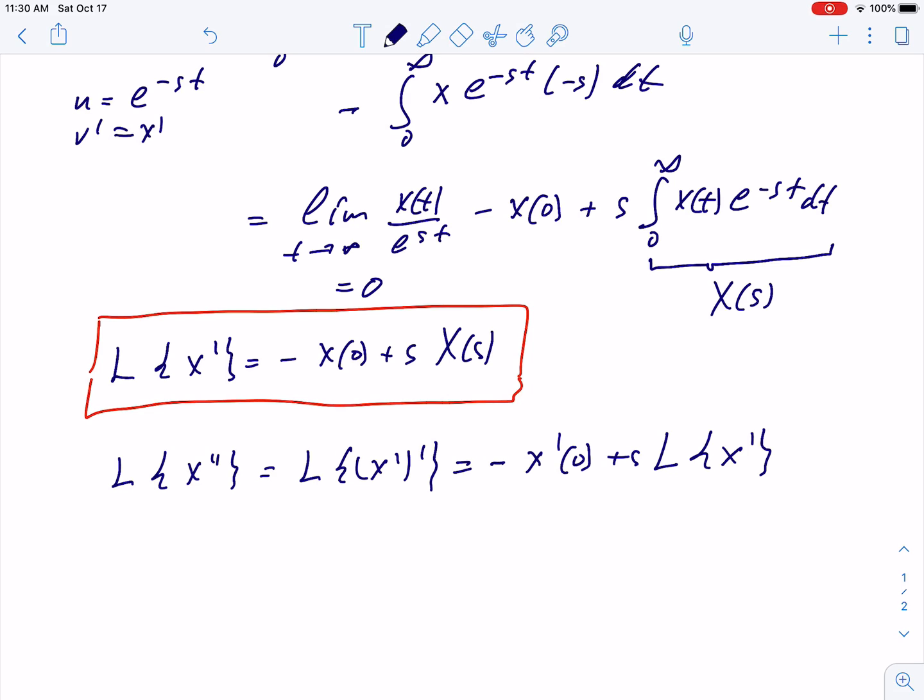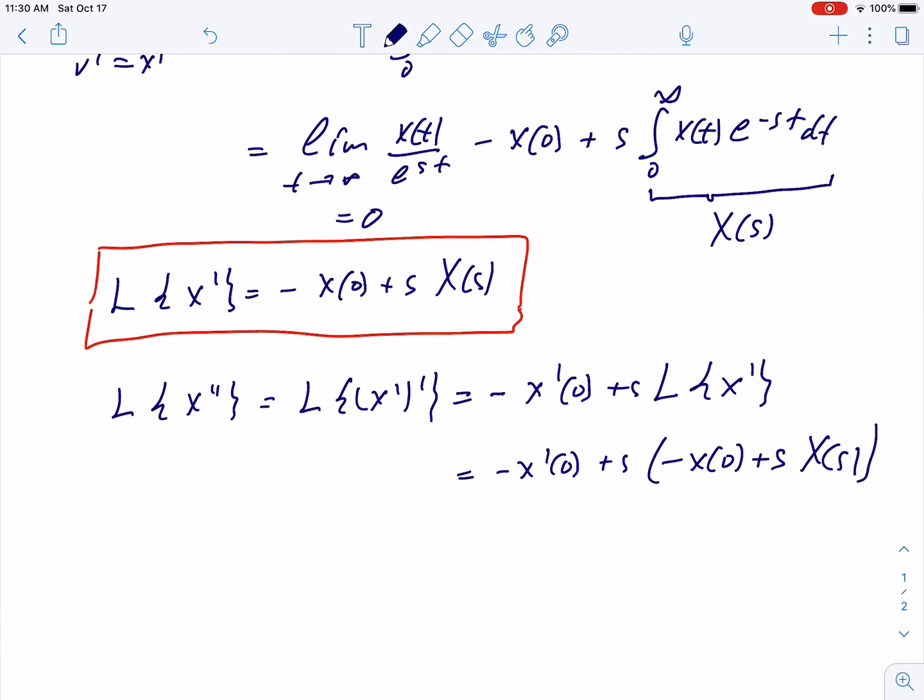Laplace of x prime we can take from the above formula, so this will be negative x prime 0 plus s, and here I'm copying minus x0 plus s big X of s. After simplifying, we have the formula for the second derivative.